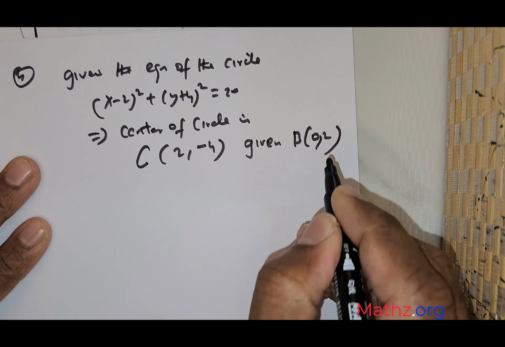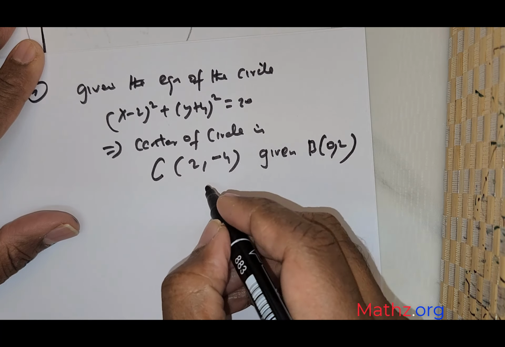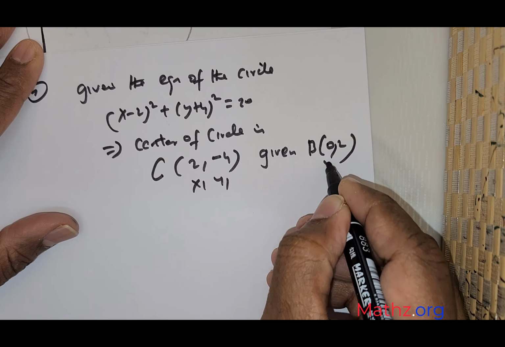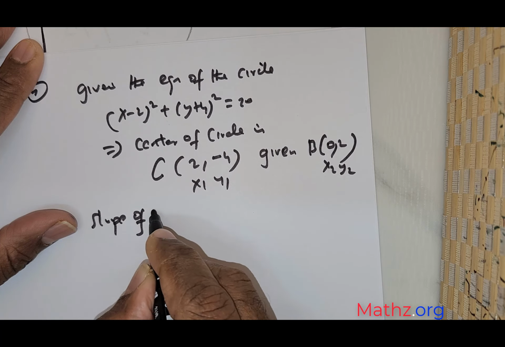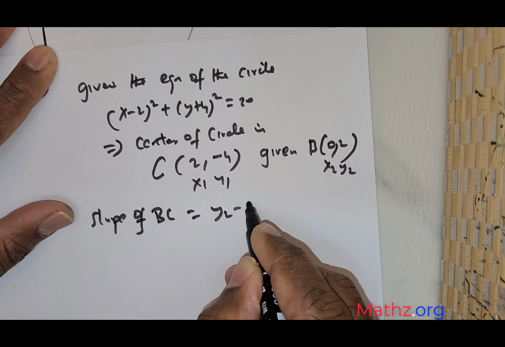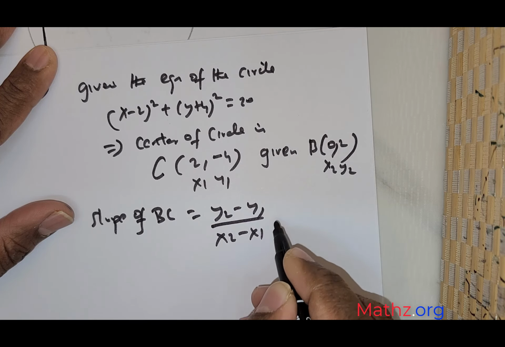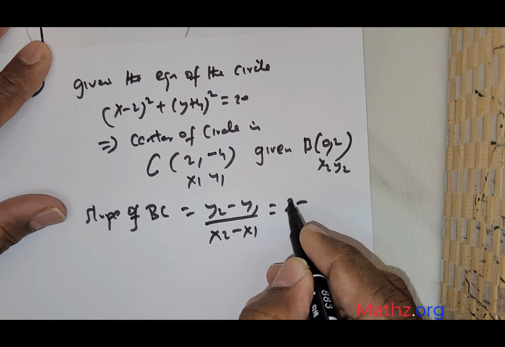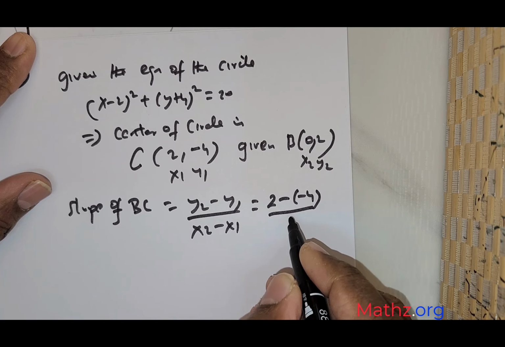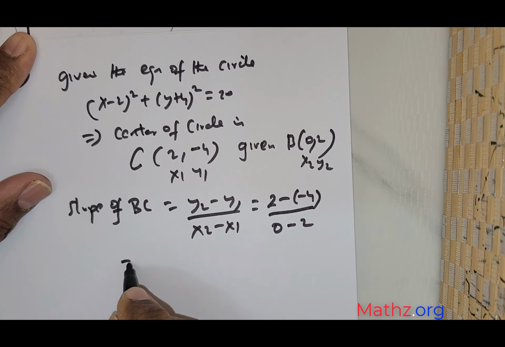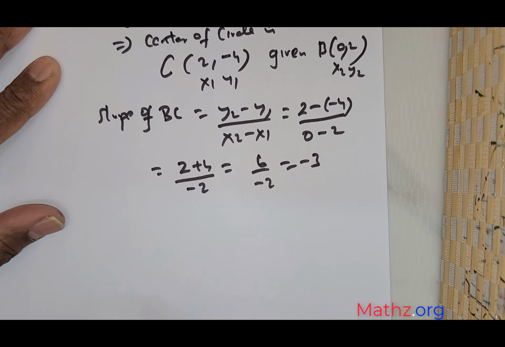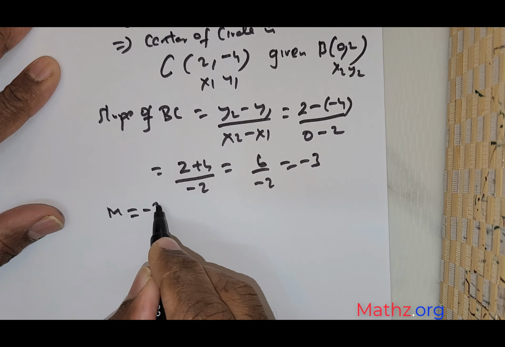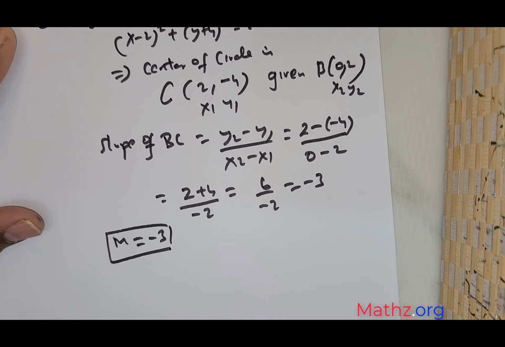Given B of (0, 2). If I were to take this as x1, y1, x2, y2, the slope of BC is (y2 - y1)/(x2 - x1), which is (2 - (-4))/(0 - 2), which is (2 + 4)/(-2), which is 6/(-2), which is -3. So slope is -3.